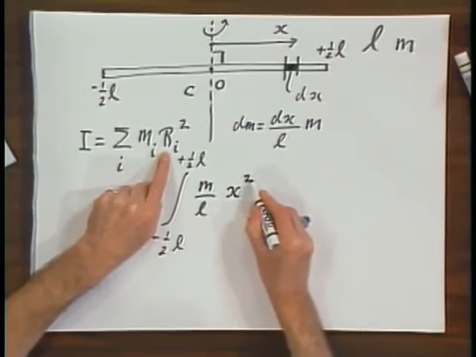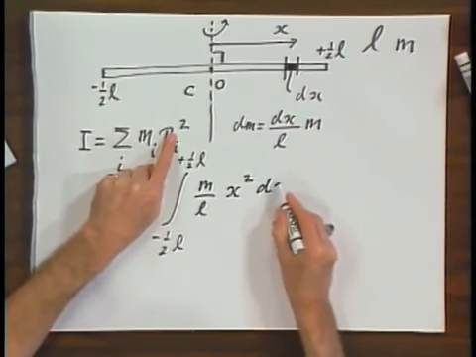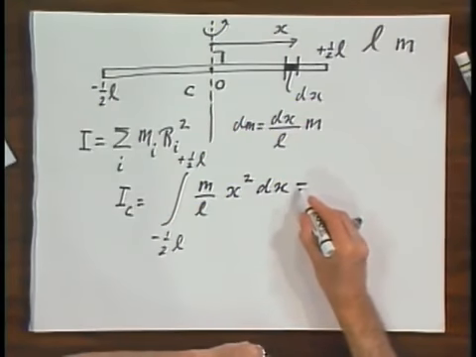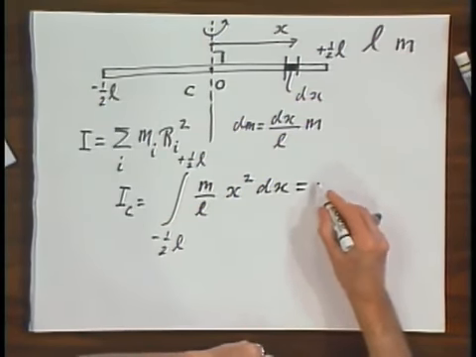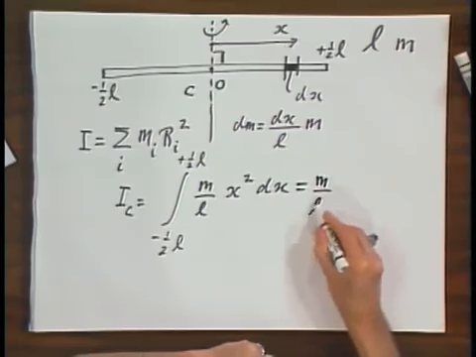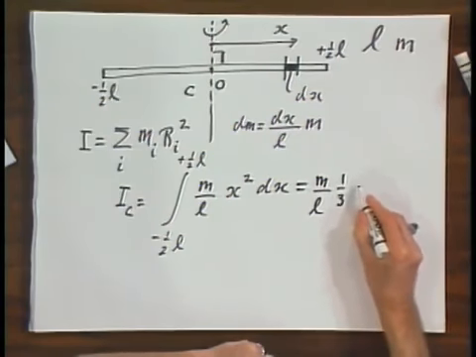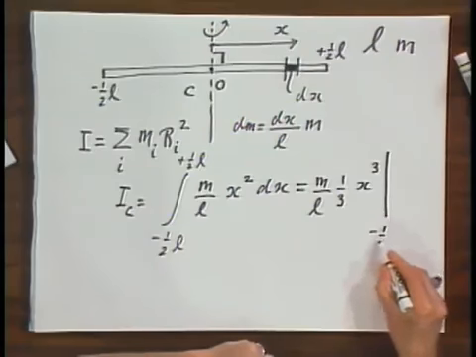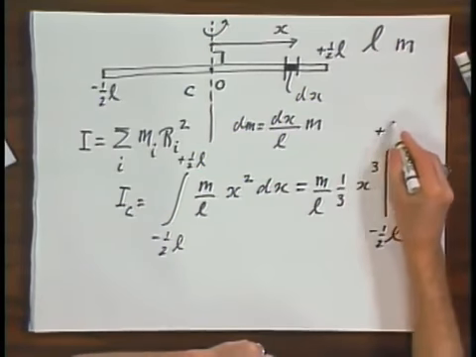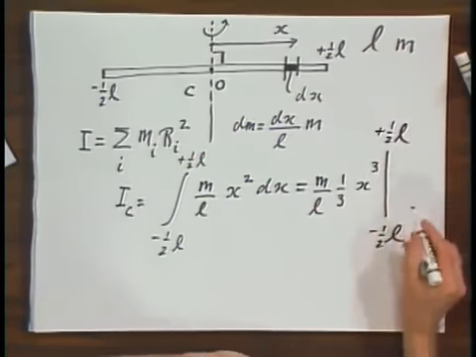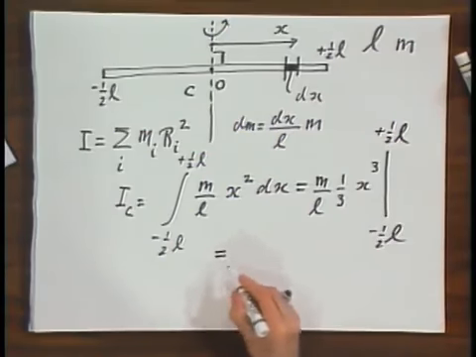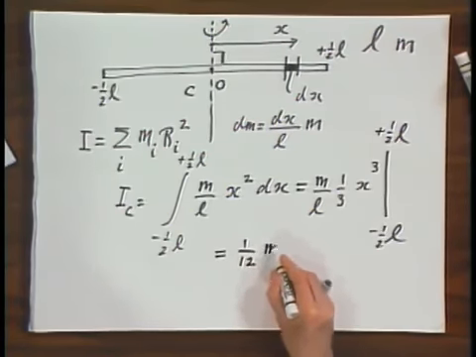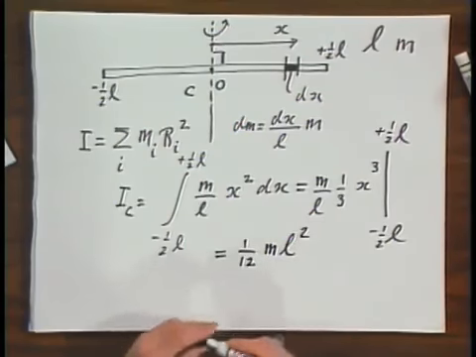So I get x squared, which is this term, dx. And this is a relatively easy integral. This is m over L times 1/3 times x to the third, evaluated between minus 1/2 L and plus 1/2 L, and you will find it not difficult, I hope, to convince yourself that this is 1/12 m L squared.